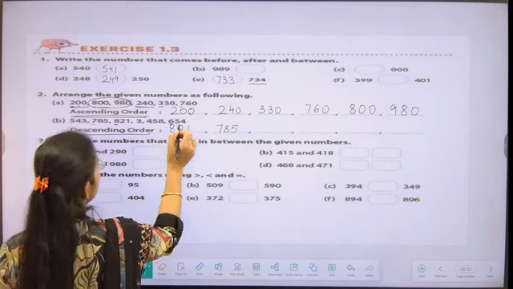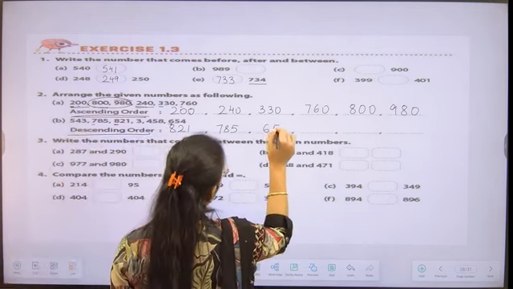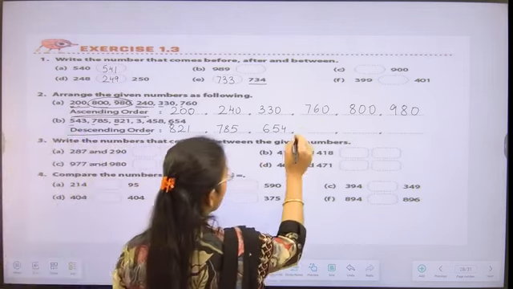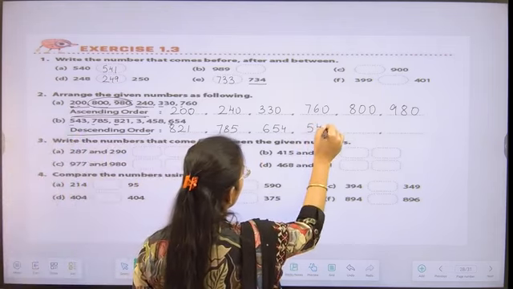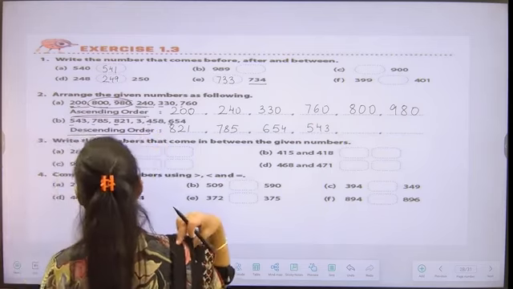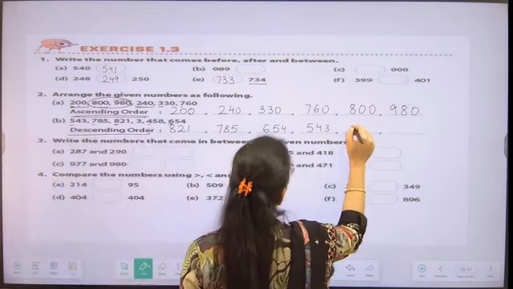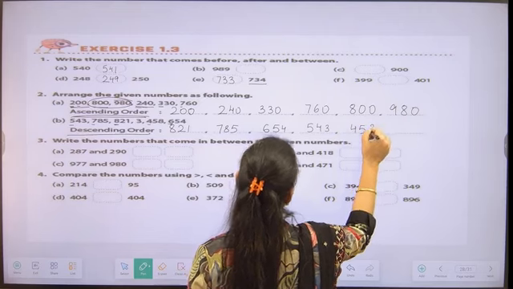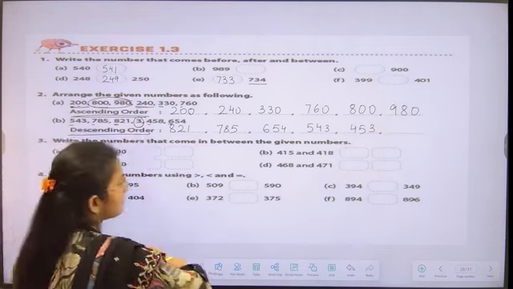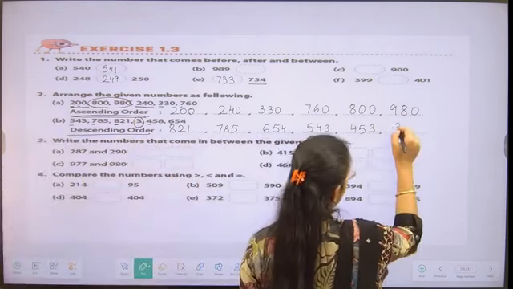Then we have 6, so we write 654. Then we have 5, so we write 543. Then we have 4, so we write 453. And our last number is only 3 written over here. So we are going to write 3 for this.